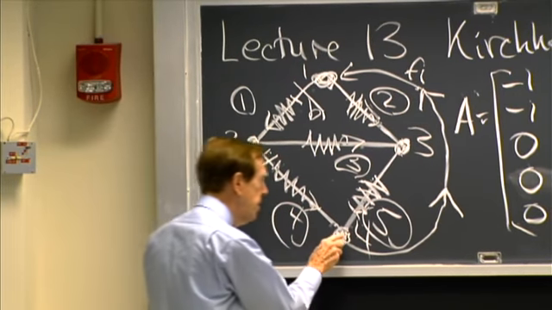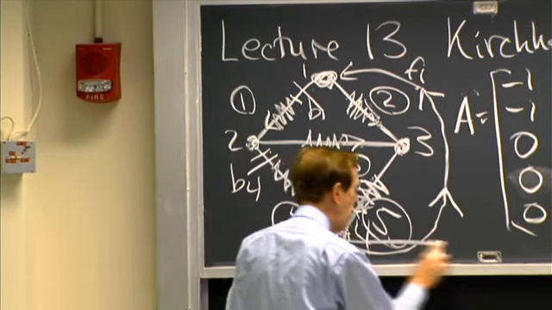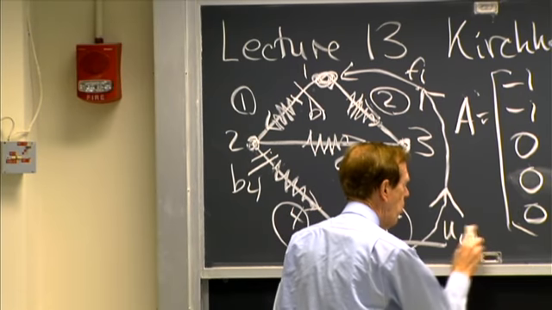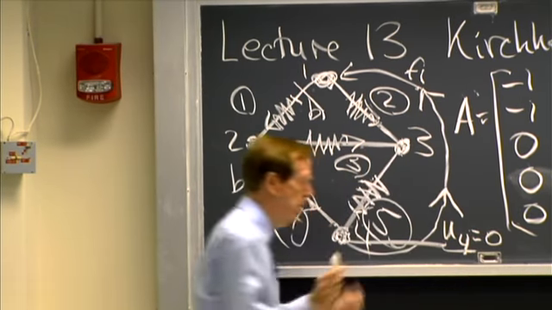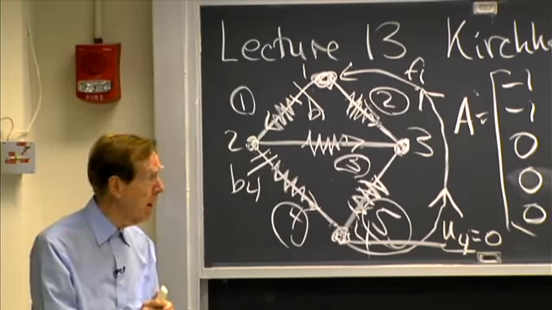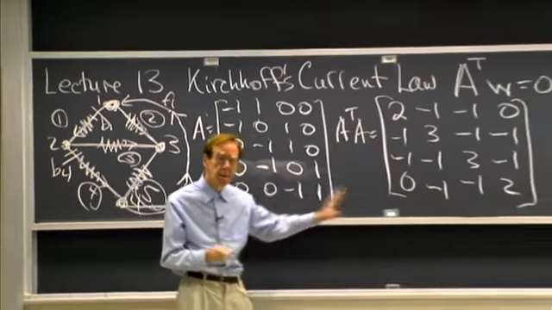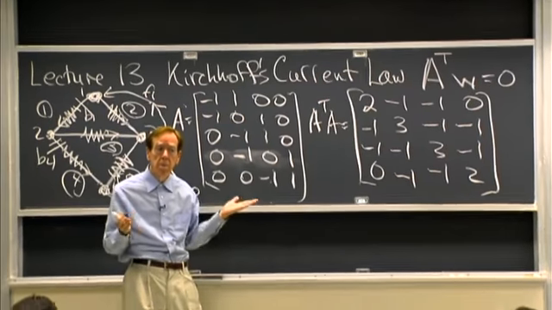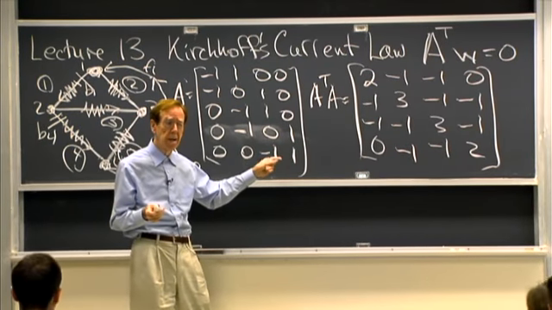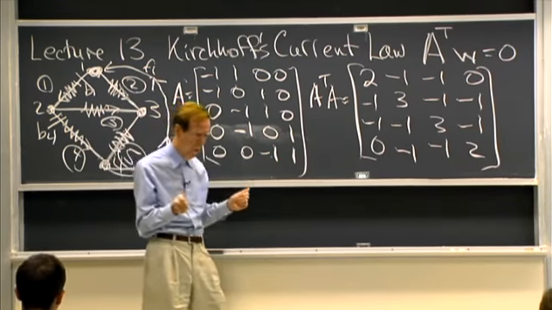Well, I'm making this one ground, so I'm grounding this one to be U4 = 0. And you remember, of course, why I had to do that, because this matrix A transpose A as it stands, what's the matter with A transpose A as it stands? It's singular, right.